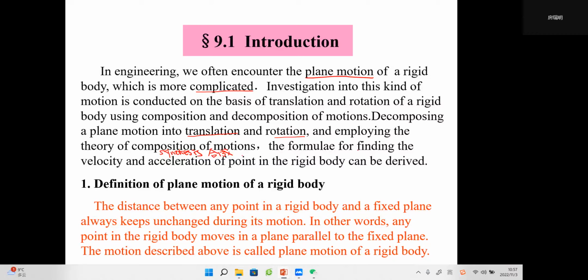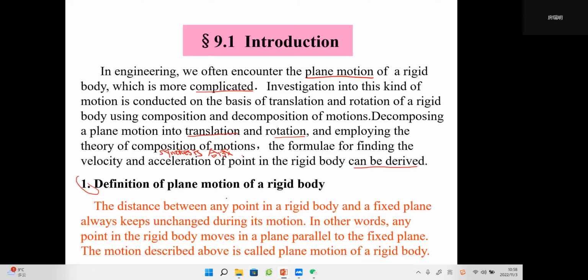The formula for finding the velocity and acceleration of a point in the rigid body can be derived. So if we try to do this, the first thing we should give is the definition of a plane motion of a rigid body. So, please follow me.